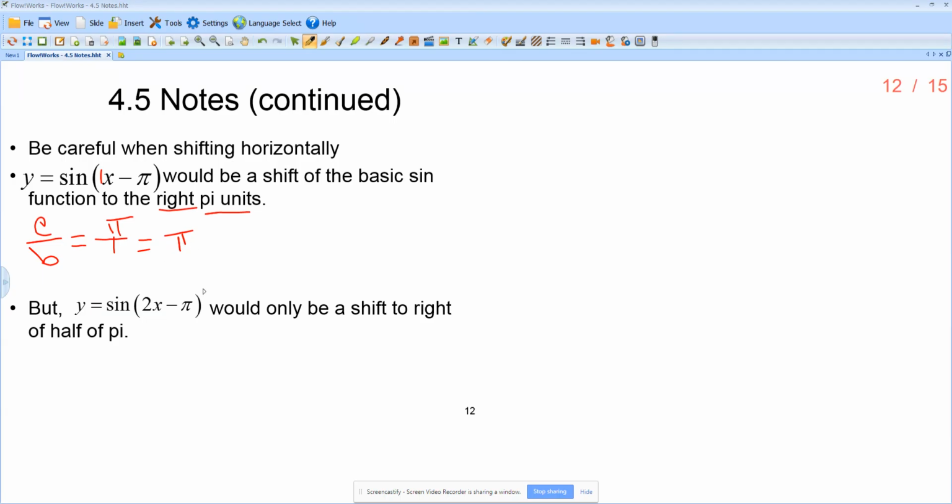So that would mean I'm going to the right pi units. However, if I was looking at this one and did c over b, I would have pi over b, which here is 2, which would mean that this is only a shift to the right half of pi, even though this just says pi. It's the ratio of these two.